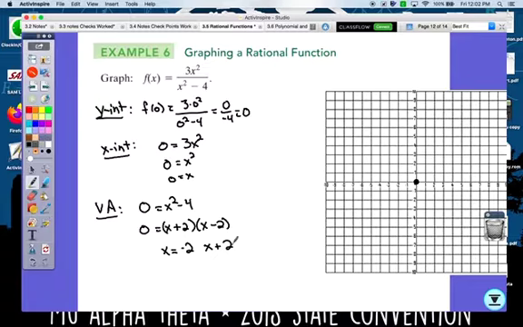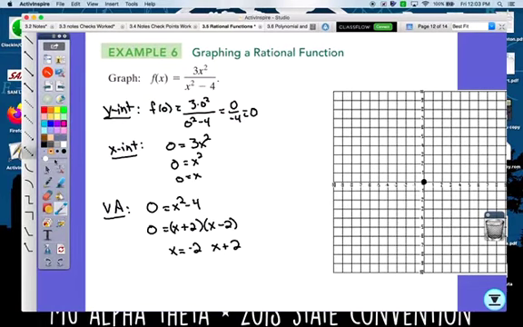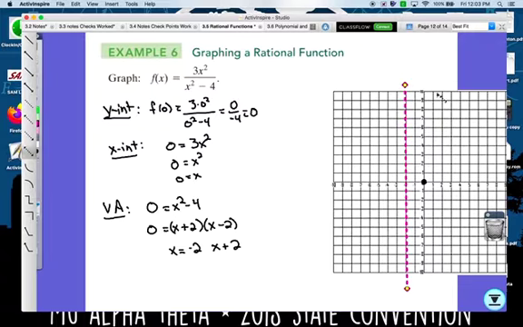So when I draw those out, there we go. The pen's back working now for a second at least. Now I've got a vertical asymptote at negative 2 and a vertical asymptote at positive 2.